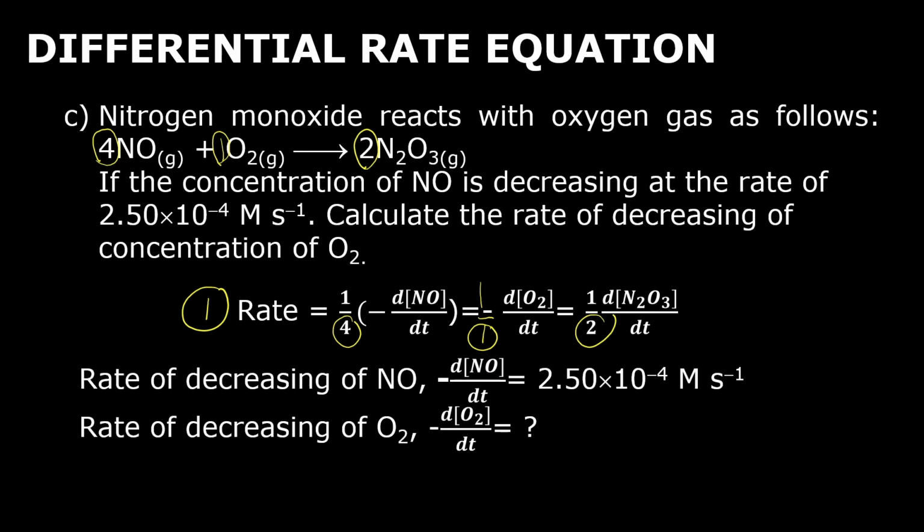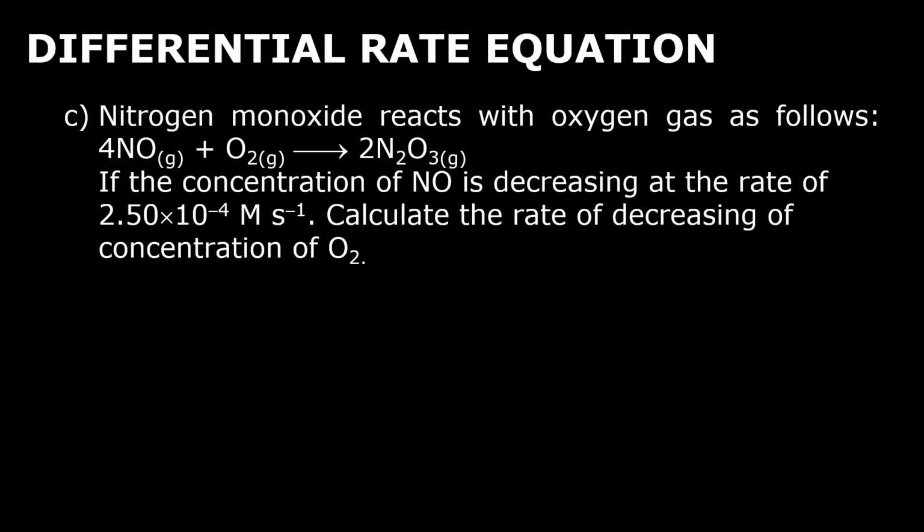So step number 2, we need to write out the information that is being given to us and the information that we are looking for. So we are being given the rate of decreasing concentration of NO as 2.5 times 10 to the power of negative 4 molar per second, and the rate of decreasing concentration of oxygen is the one that we are looking for. So step number 3 is to write the information given and the information that we are looking for in terms of the relationship in the balanced chemical equation.